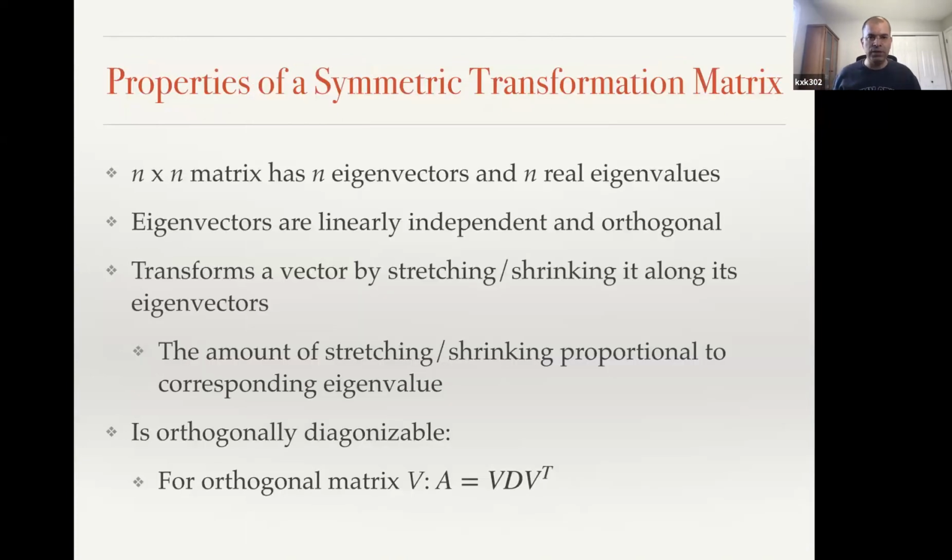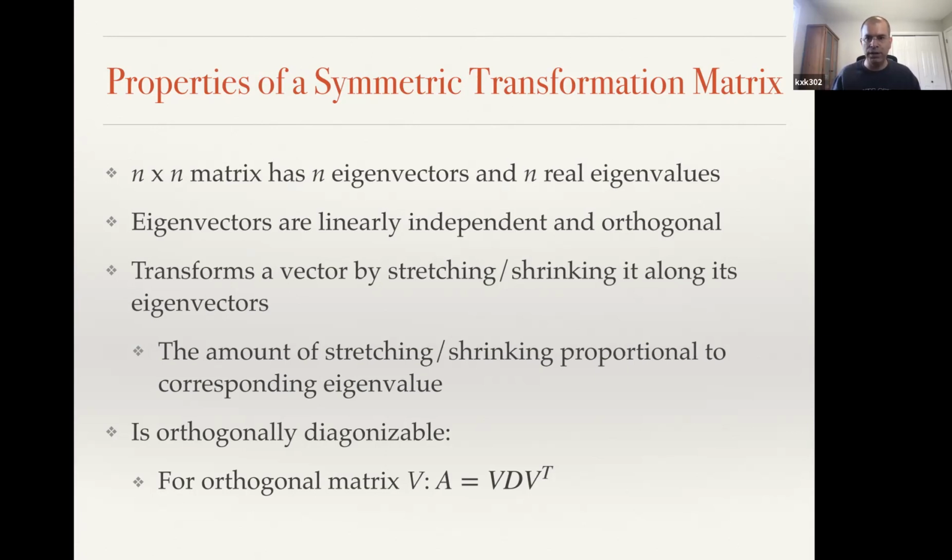So symmetric matrices have to be square. Not all square matrices are symmetric, but any symmetric matrix is square. And if it's n by n, it's going to have n eigenvectors and n real eigenvalues, real as opposed to imaginary, the square root of -1. We're not going to get there. So eigenvectors have the property of being linearly independent and orthogonal. So you can't express any of those vectors in terms of the other one. That's good.